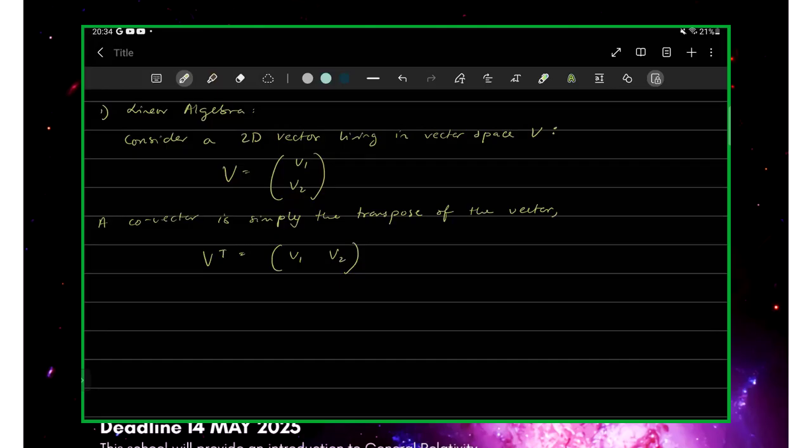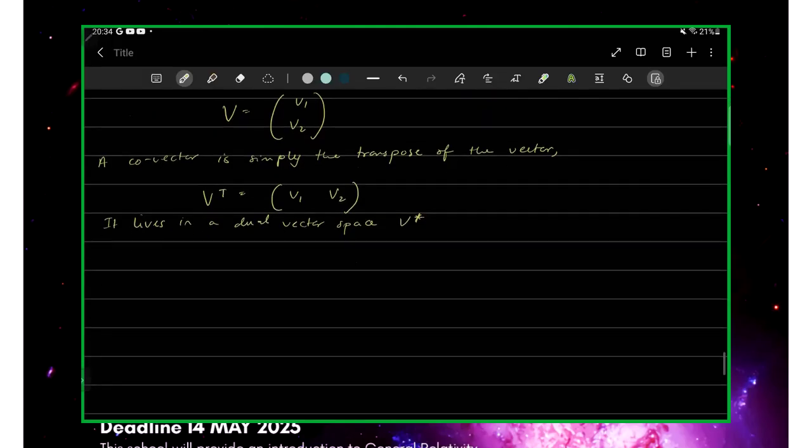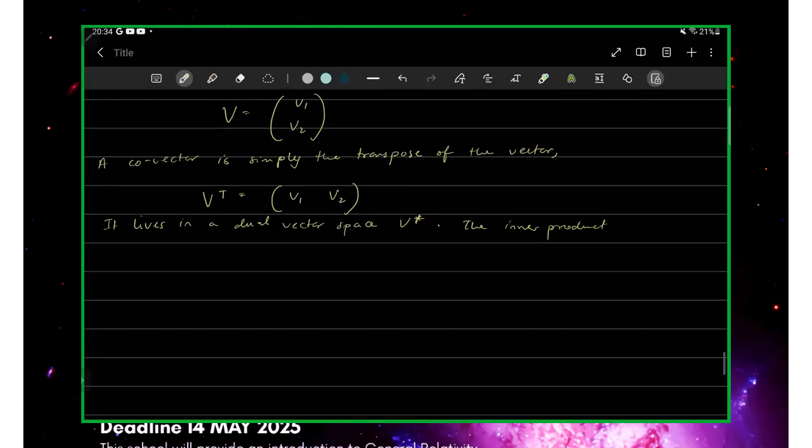And of course, it lives in a dual vector space, V star. So a covector lives in a dual vector space, V star. And the inner product actually tells you a lot about the relationship between vectors and covectors.